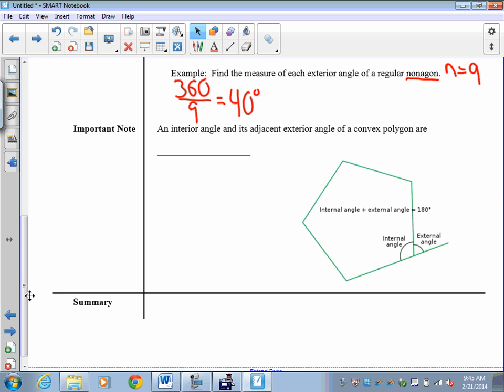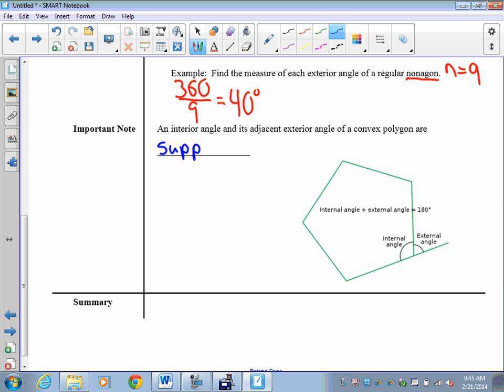And we have one more thing that you need to know. An interior angle and its adjacent exterior angle of a convex polygon are supplementary. So this doesn't even matter if it's regular or not. We're given a picture here. So remember, that means they add up to 180, and they're also called a linear pair.